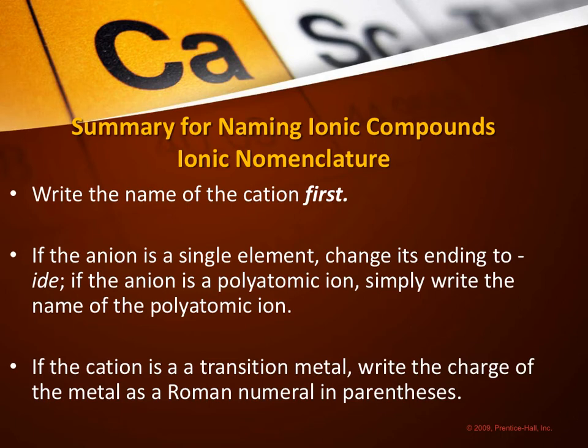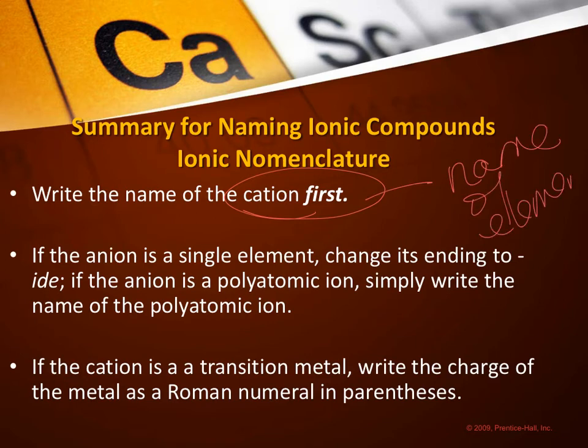Here's a summary of the kind of convoluted naming rules we just went through. Always write the name of the cation first, and the cation name is always simply the name of the element. That's pretty easy. If the anion is a single element that is not a polyatomic ion, change its suffix to -ide.